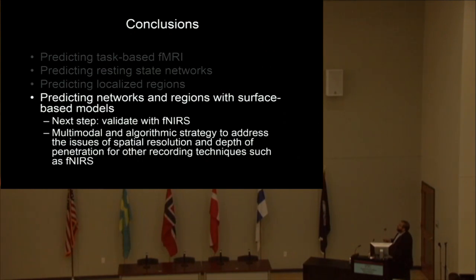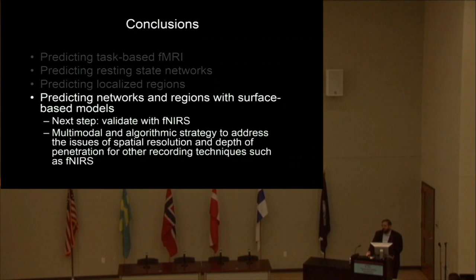But the motivating idea is that we think we're approaching a multimodal and algorithmic strategy to address the issues of spatial resolution and depth of penetration for other recording techniques such as fNIRS.